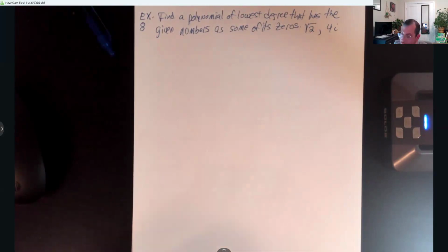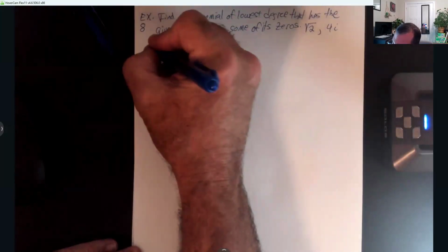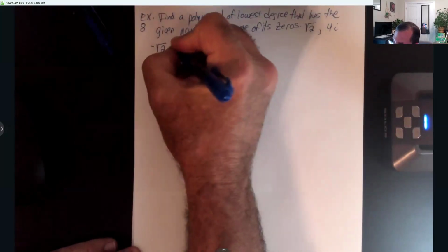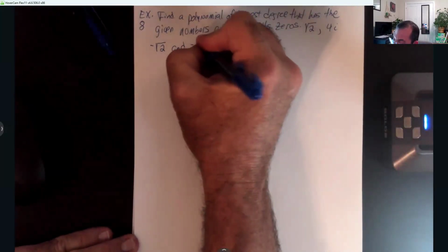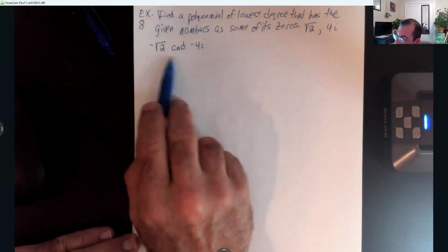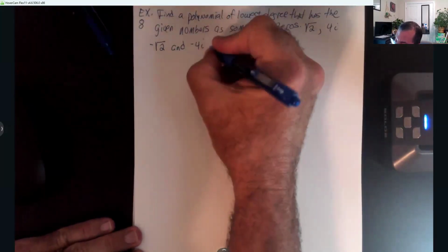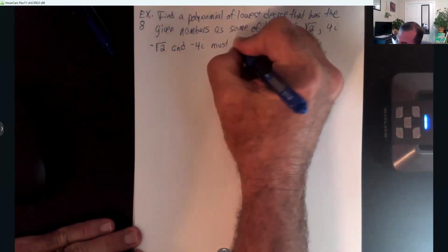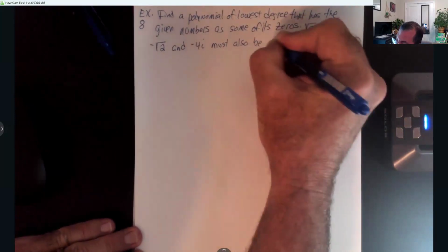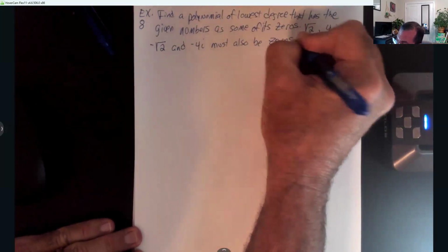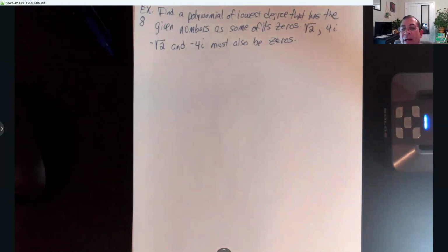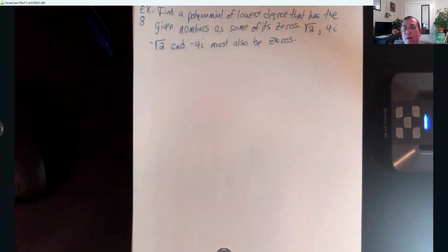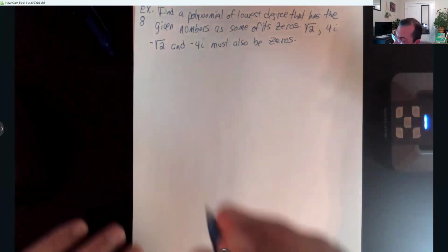So negative square root of 2, good job. That's going to be one of them. And what else? Negative 4i, good job. So a negative square root of 2 and a negative 4i must also be zeros. Which means when we're done, we're going to end up with a degree 4 because we got 4 zeros.